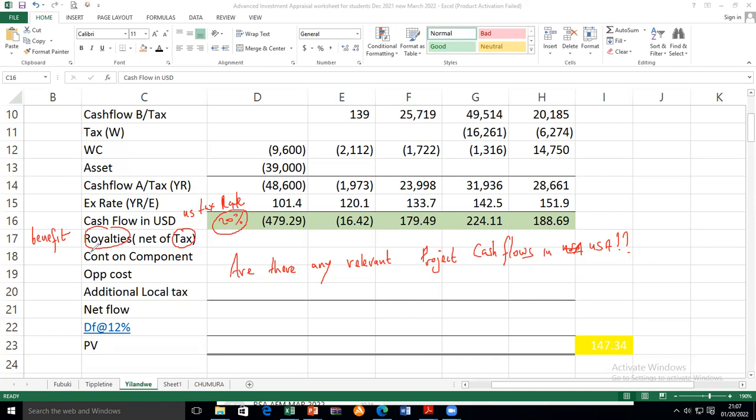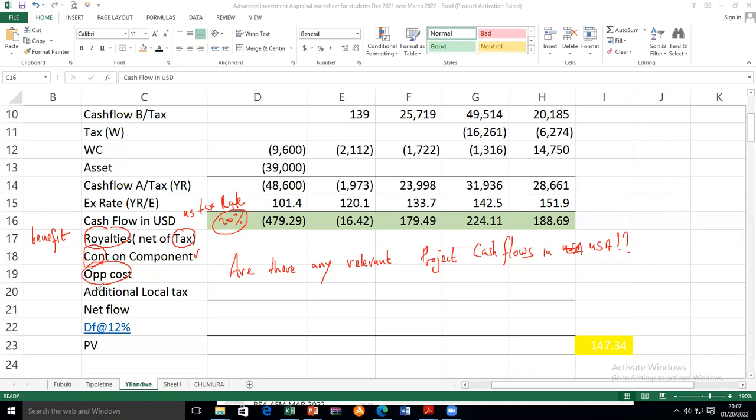Similarly, there was a contribution that the component or the part that we are sending. The head office also earned some contribution, again, net of tax. Then when we stopped trading, we stopped our manufacturing because we moved our production overseas, we lost out some money. There was some lost benefit, opportunity cost.